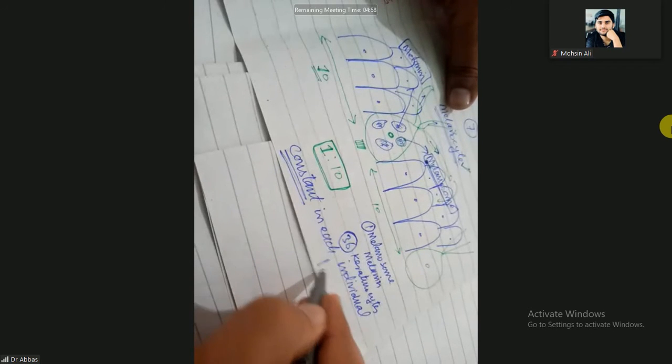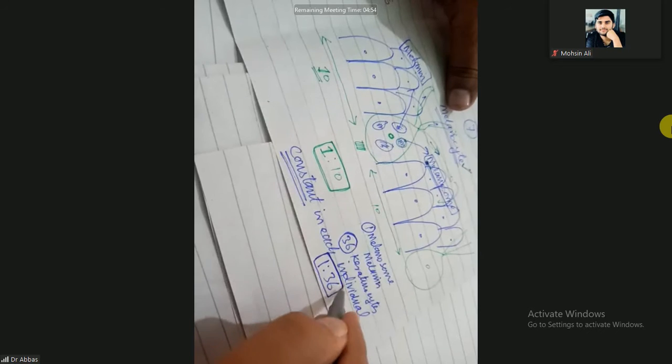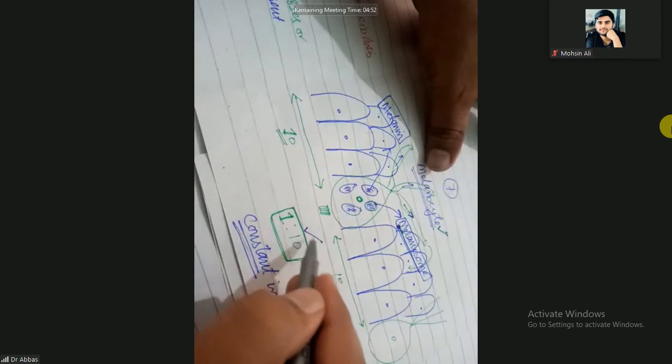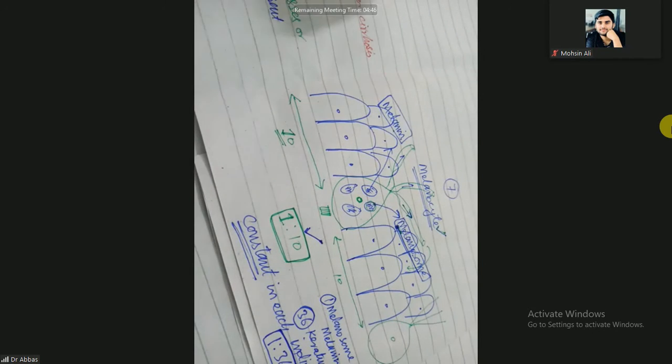So the ratio is 1:36. It is the ratio of the presence of the melanocyte. After every 10 keratinocytes, there will be one melanocyte. The number of melanocytes in every individual will be constant. It means if I have 200 melanocytes, all males and females, all human bodies have 200 melanocytes.